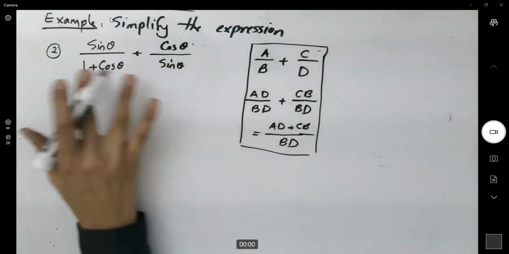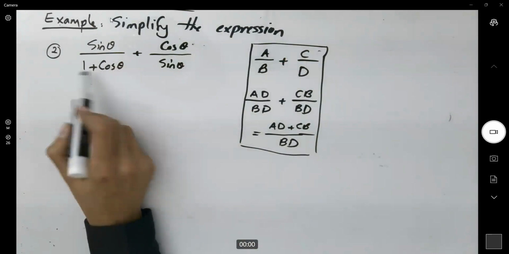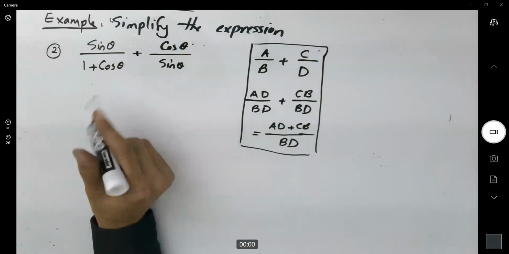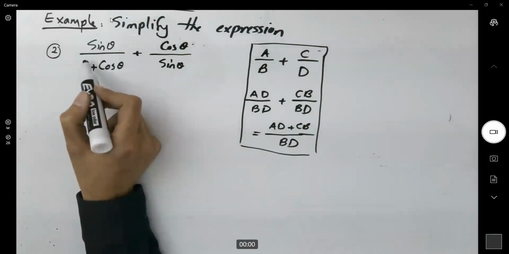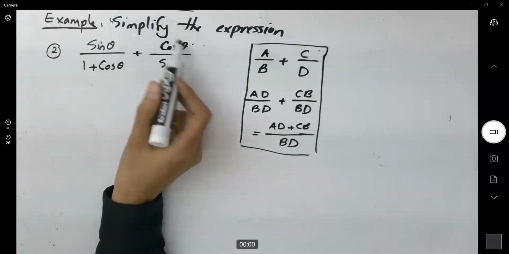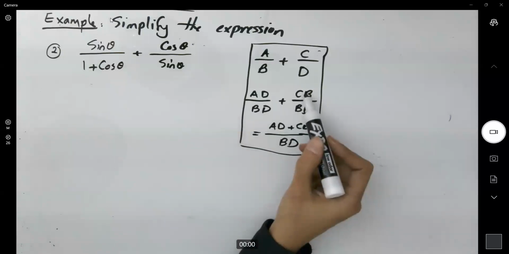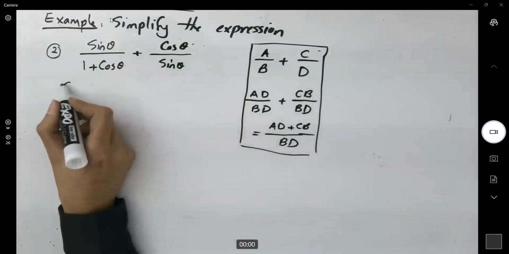These two have no common factor. This is just 1 plus cosine, a crazy looking function, and I have sine, which is my periodic function. So I'm going to multiply the first fraction by sine, and multiply the second fraction by 1 plus cosine. Here we go.